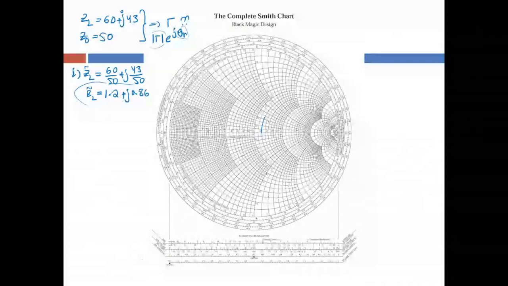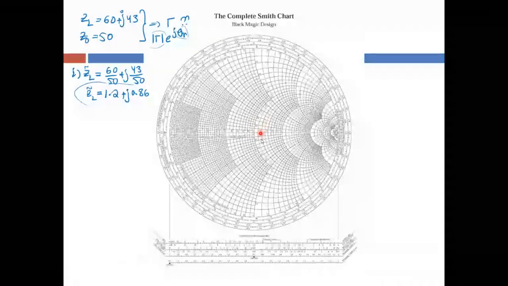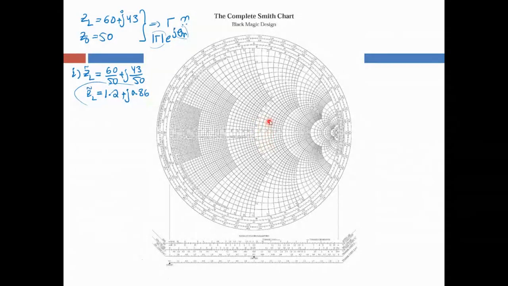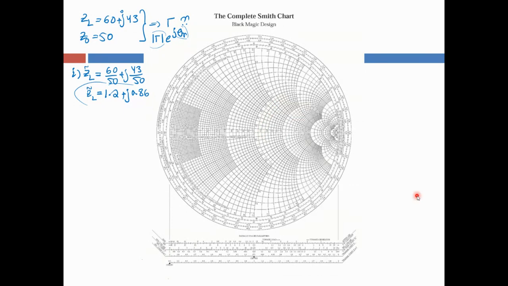Because of the size of the PowerPoint, I cannot make it bigger, but once again, this is circle 1, this is 1.2, this is 1.4, 1.6, 2, and so on and so forth. So I need the real part to be 1.2, so it should be on that circle.